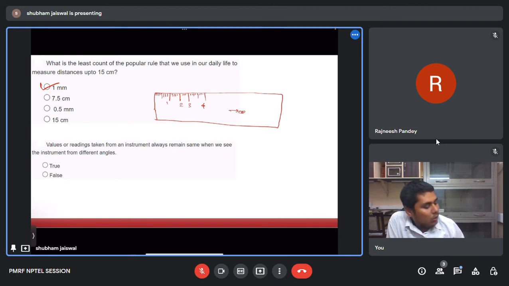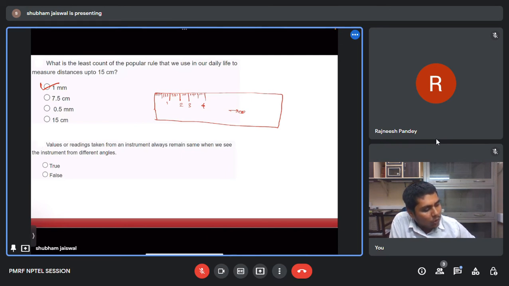The next question is: values or readings taken from an instrument always remain the same when we see the instrument from different angles. We can solve this question using a simple example.